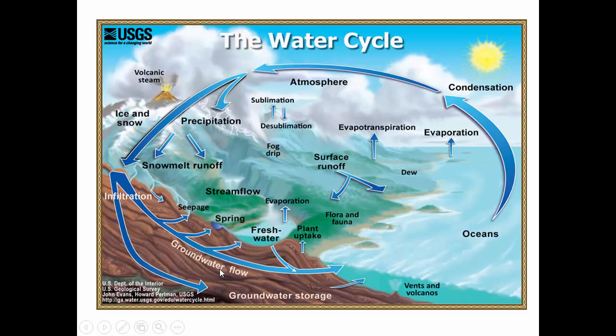Now, the water cycle is the study of how and why the water moves through the environment. And at one point we can trace all of the water that's either underground or on the land surface or in the atmosphere. We can trace it all back to the ocean. And the driving force is the sun's energy.